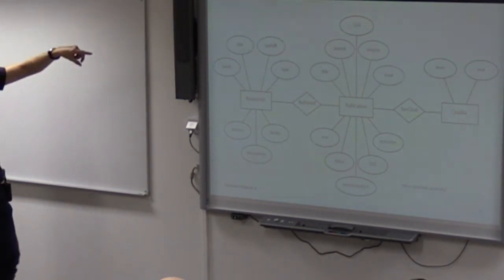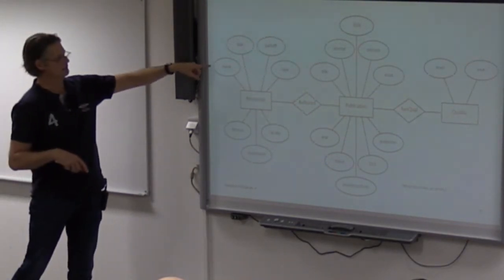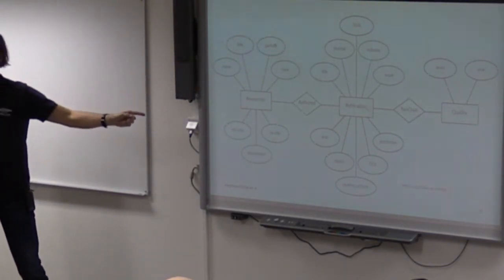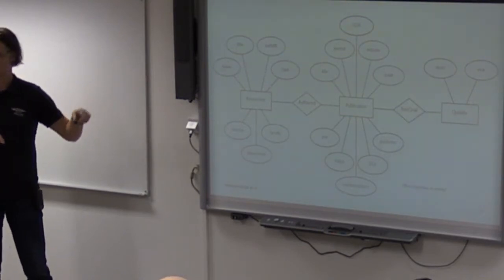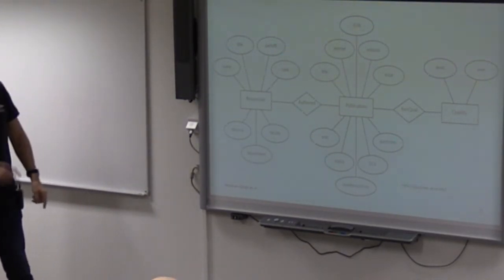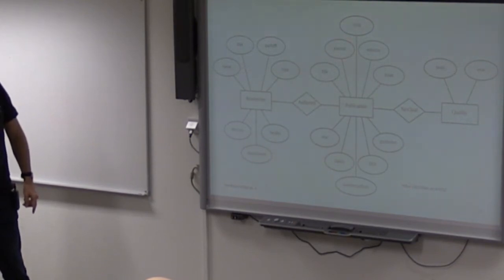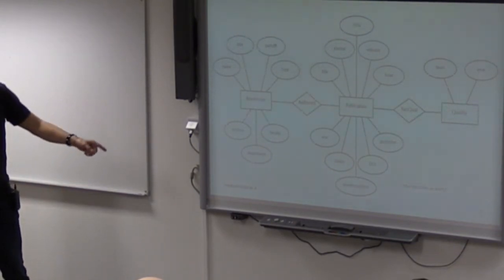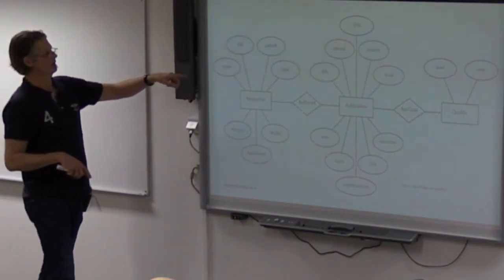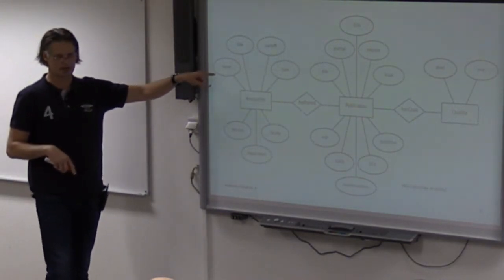Given these 7 attributes of researcher, is there anything that uniquely identifies one researcher? Well, probably not. But if we have to select one or more, it would probably involve name.